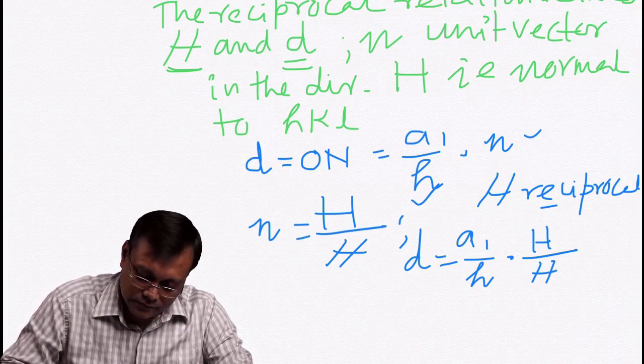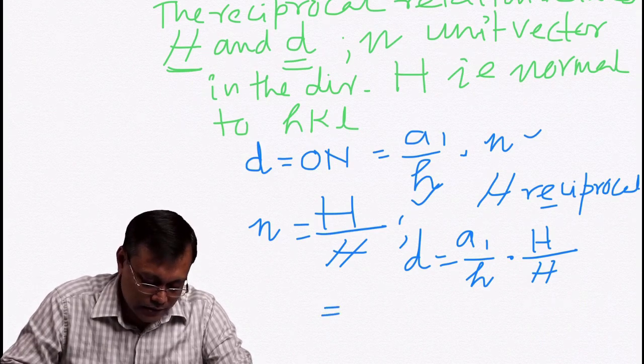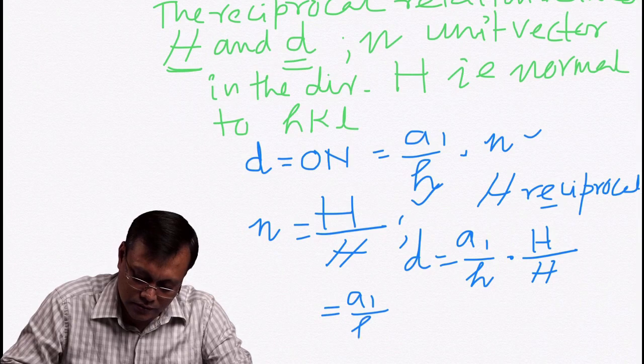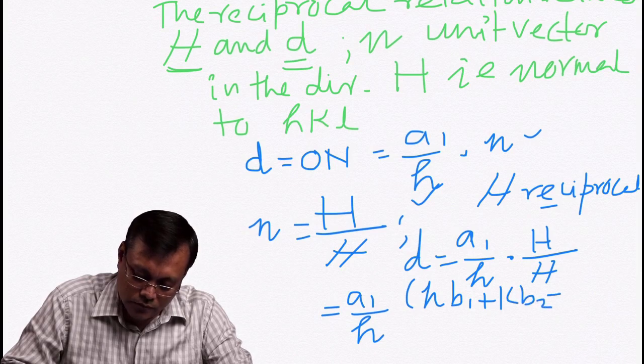Once again, we all know what is the value of capital H. That is actually H B1 plus K B2 plus L B3, right?